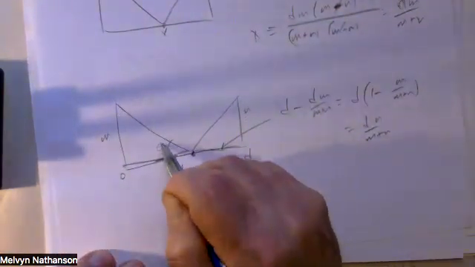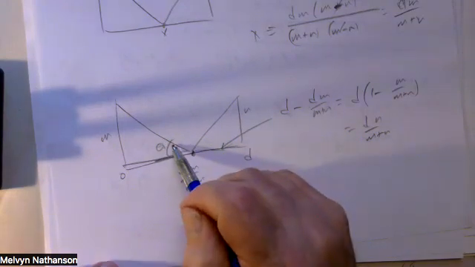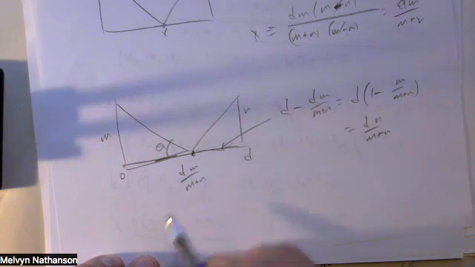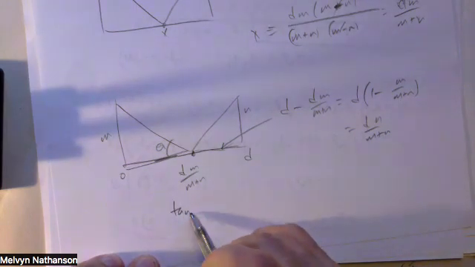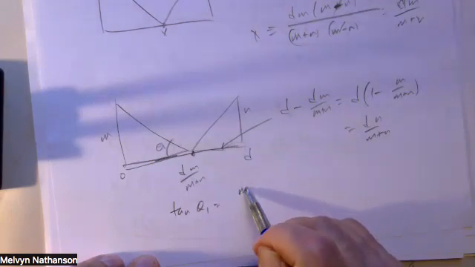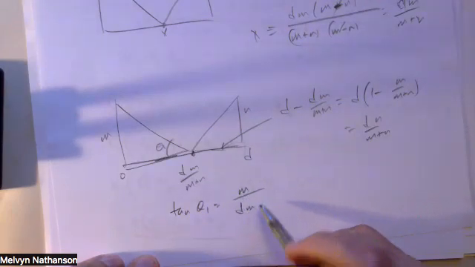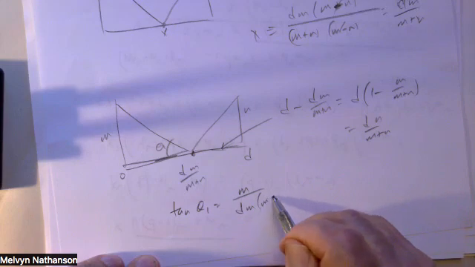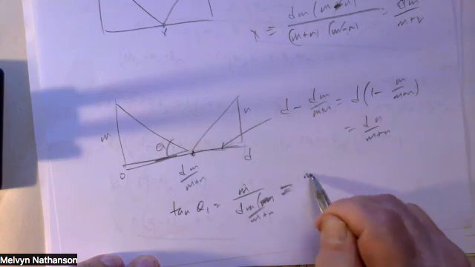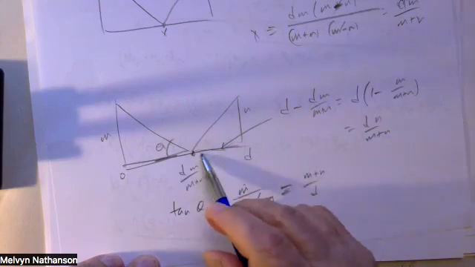So this angle, theta 1, what is theta 1? Tangent of theta 1, opposite over adjacent, is m over dm over m plus n. The m's cancel. This is m plus n over d.